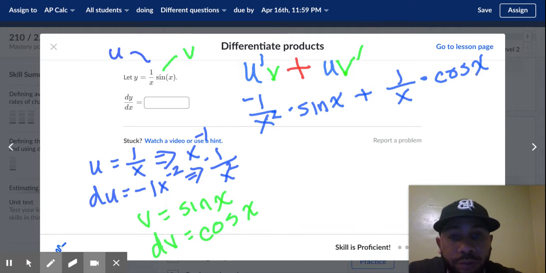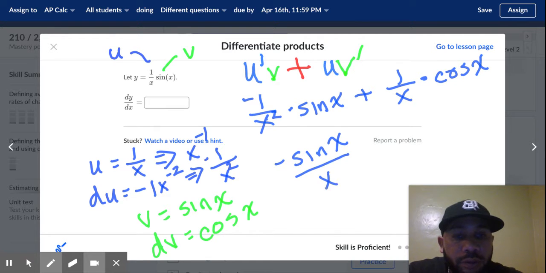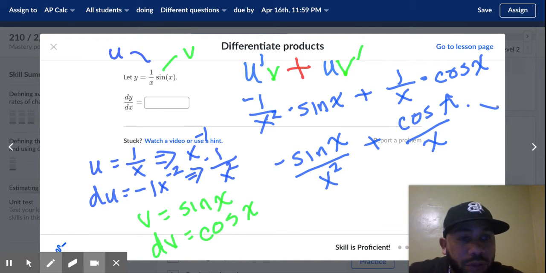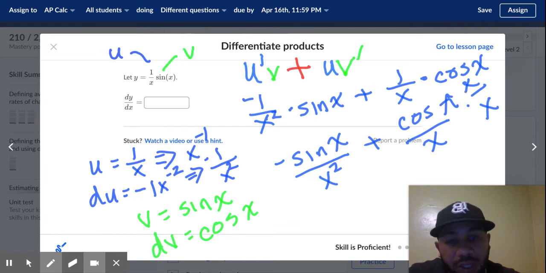Now when you put them over, you got sine x over x squared, of course, and then plus cosine x over x. You can write it like that, but typically what I would do is multiply both top and bottom here by x, just so we can get a common denominator.